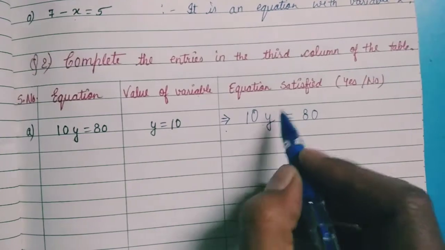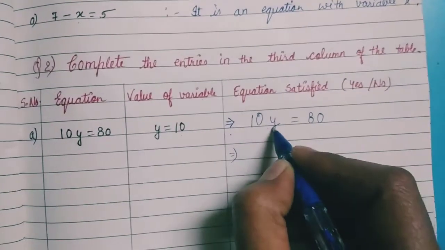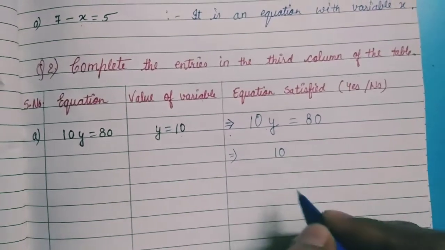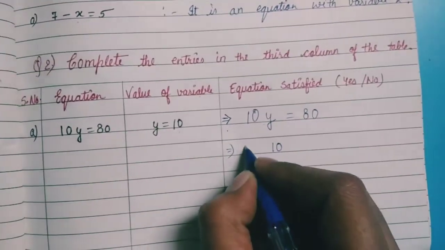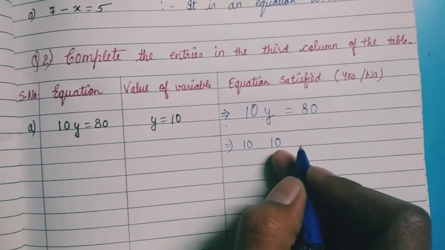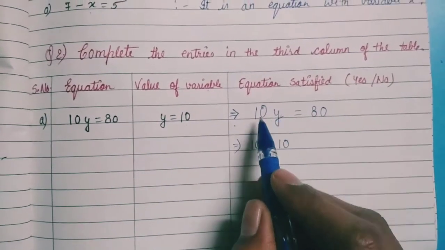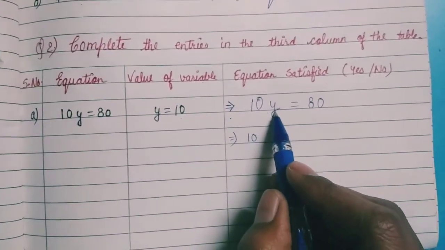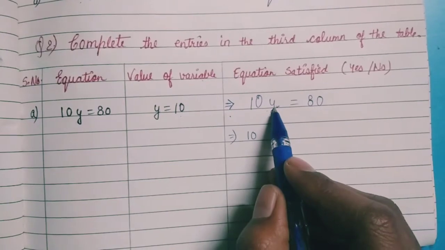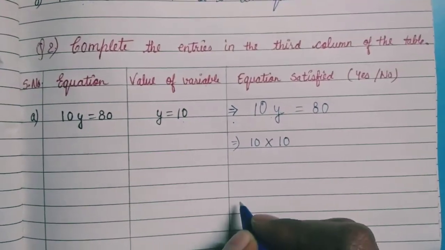Now given that the y value is 10. So in the place of y, what will we write? 10. And already here we have 10. But what is the symbol in between them? In case we don't have any symbol between the constant and the variable, in between them the multiplication symbol is there.